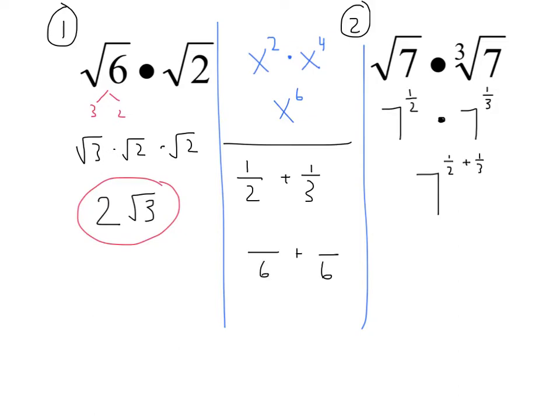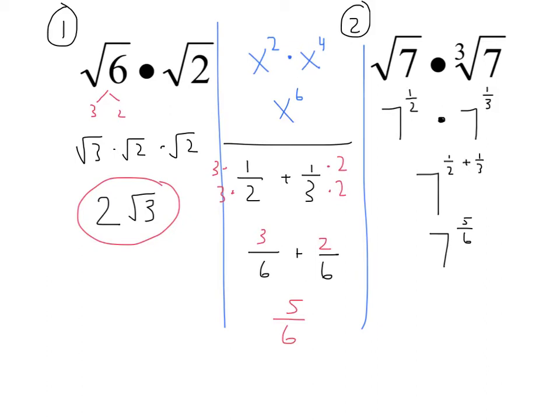To change 1/2 to have a denominator of 6, I can multiply the denominator by 3, so multiply the top by 3. So that's 3/6. On the second fraction, I can multiply the denominator by 2 and multiply the top by 2. So this is 2/6. So 3/6 plus 2/6 is 5/6. So our answer here would be 7 to the 5/6 power.